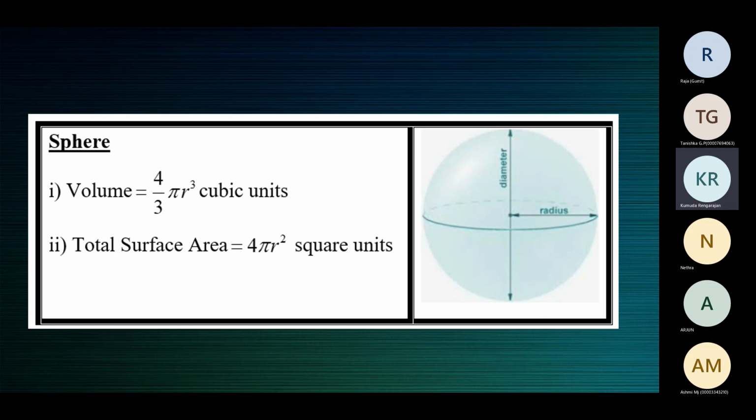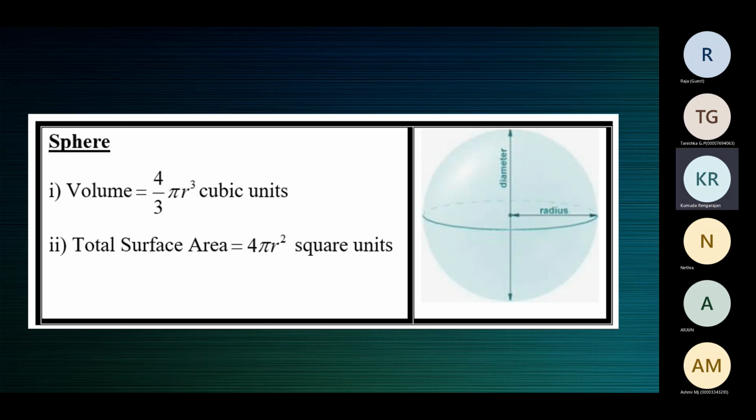The cross section of a sphere is not uniform like a cube, which is a square, a cuboid, which is a rectangle, or a cylinder whose cross section is a circle.